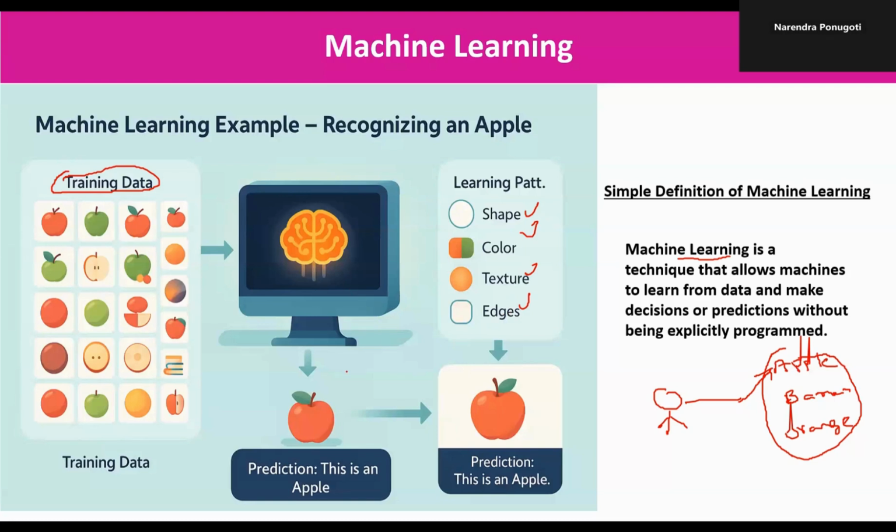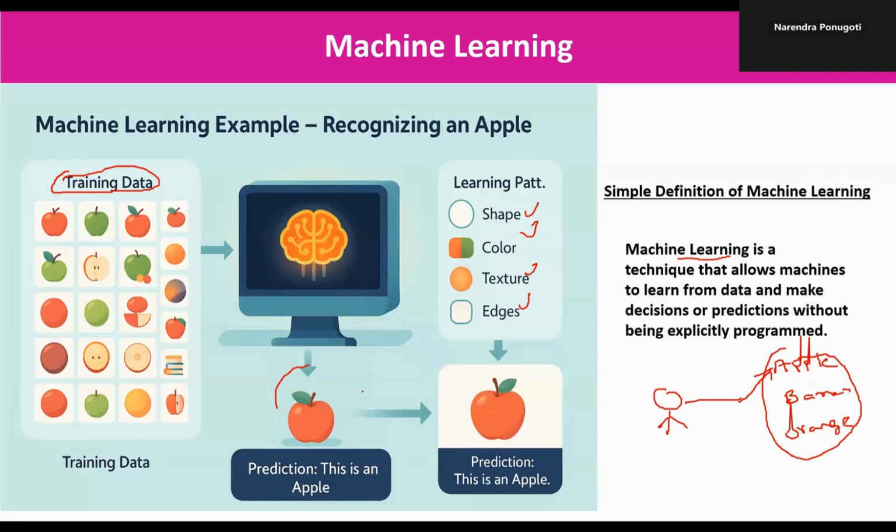Based on all the learned patterns, it can identify whether the image is an apple or not. This is how a machine can learn to recognize things. This is one example.